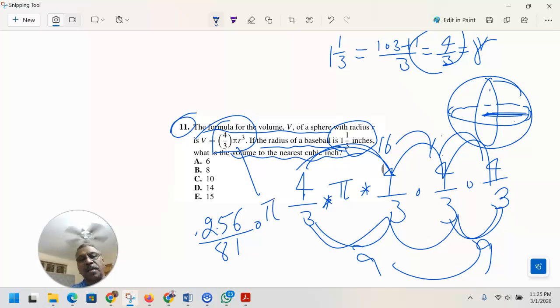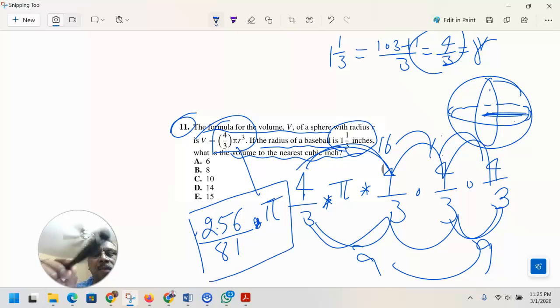Now I think they expect you to put this on the calculator, because if you want to do this without the calculator, there will be a lot of work here. I feel they will allow you to use the calculator directly and get the answer.